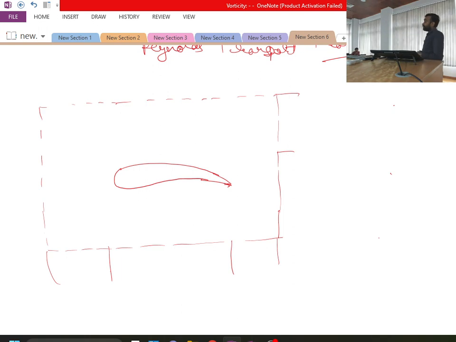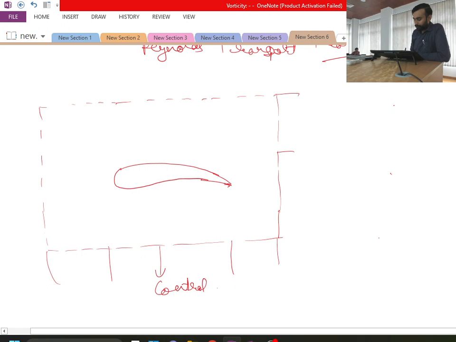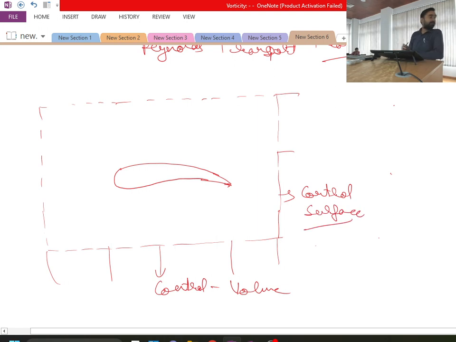Whatever quantity we want to analyze, we keep it inside. Now, this I will call a control volume, and the boundary of this control volume is called the control surface. So the boundary of the control volume is nothing but my control surface.